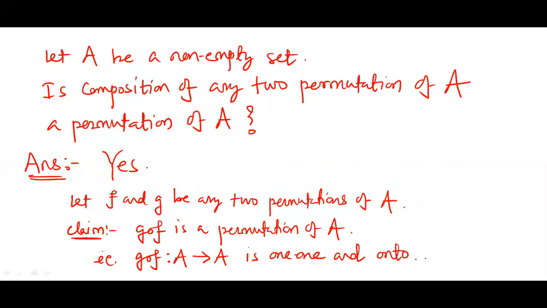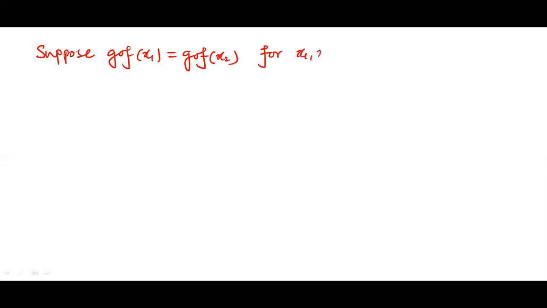First we prove that g naught f is a one-one function. Suppose g naught f of x1 is equal to g naught f of x2 for x1 and x2 belonging to domain set A, right?